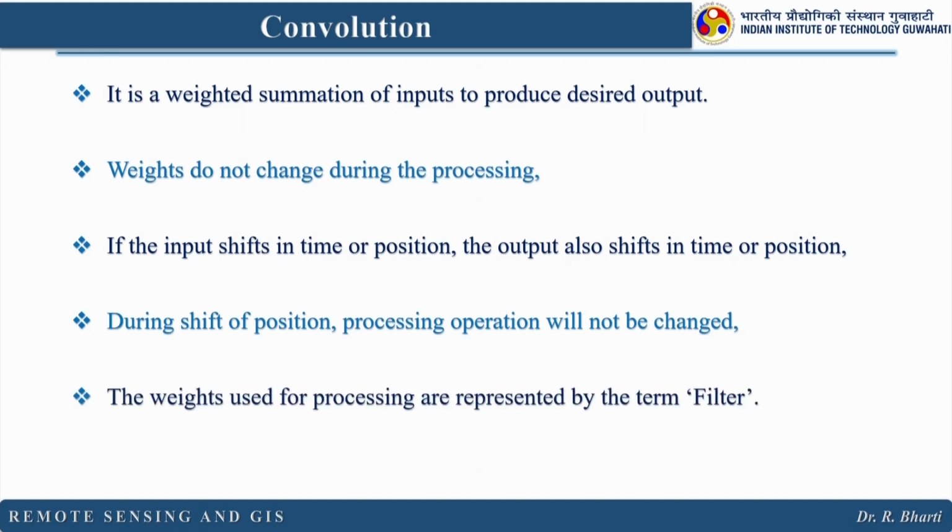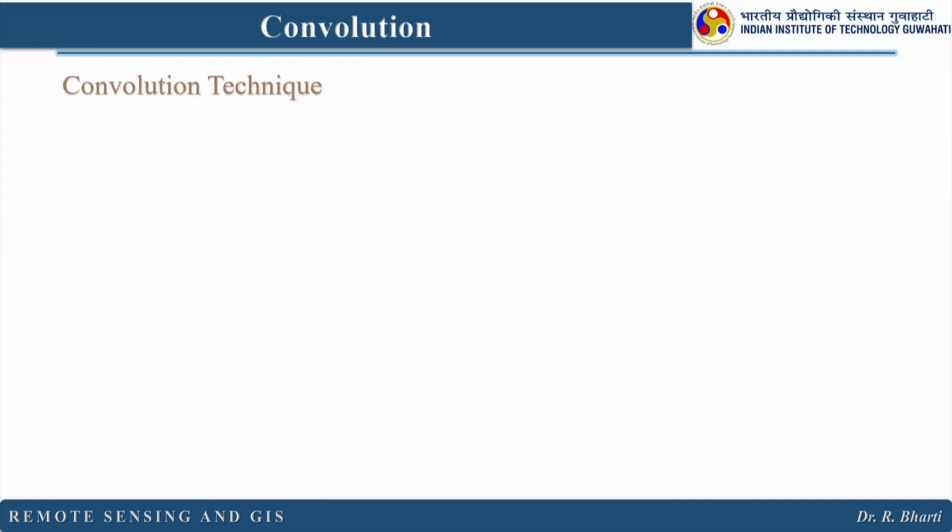The weights used for processing are represented by the term filter. Whether it is 3 by 3, 5 by 5 or 7 by 7, those are termed as filter. And then the convolution technique.